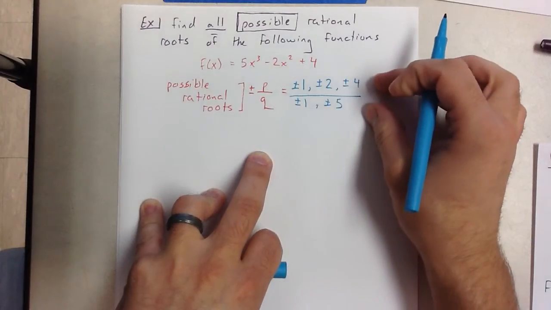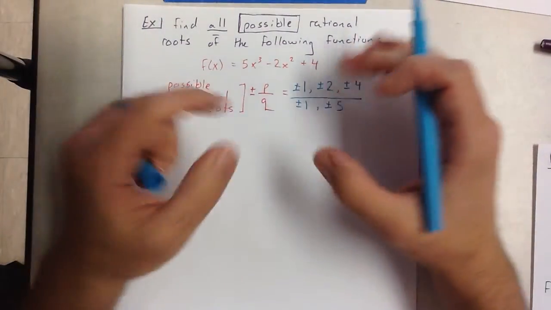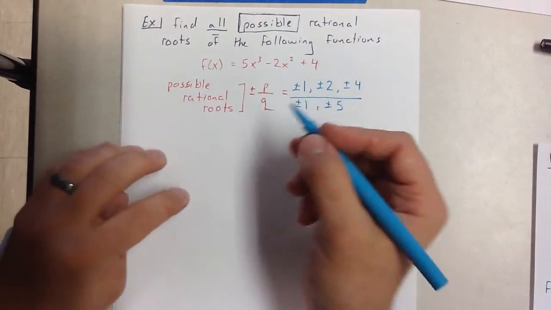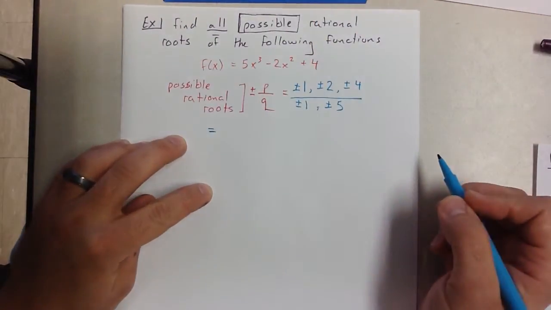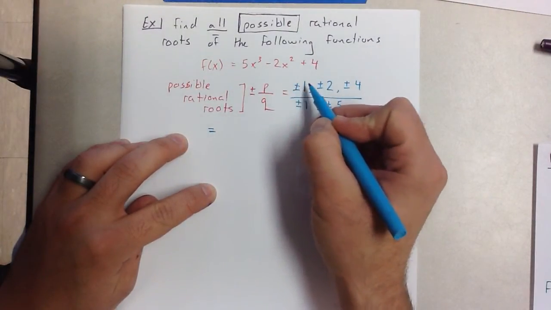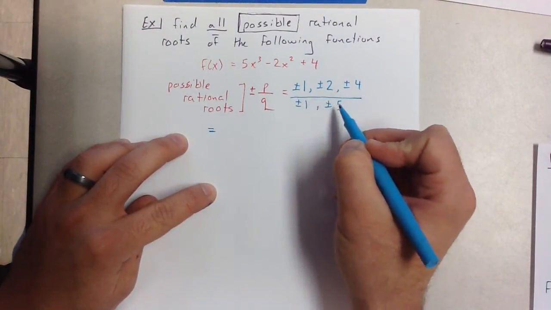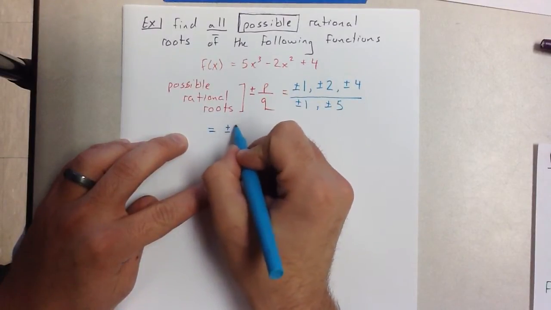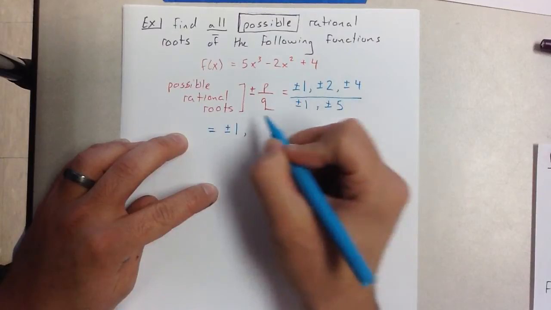And with this, we're going to break this out, and we're going to expand this into a list of rational numbers. So how do we do this? I take my first factor in the numerator and divide it by each in the denominator. So I would have 1 divided by 1 remains 1. 1 divided by 5.